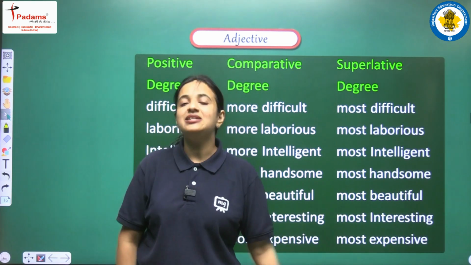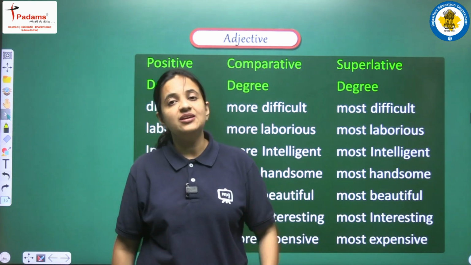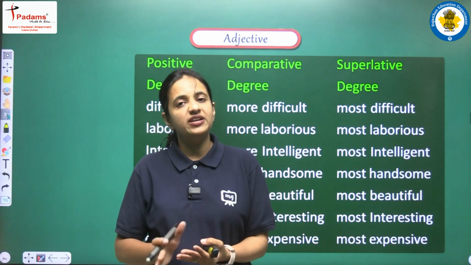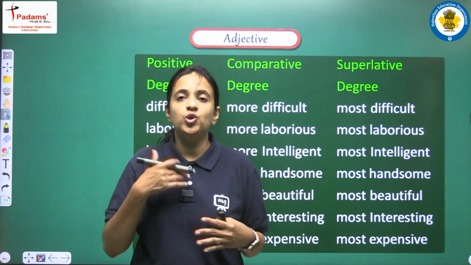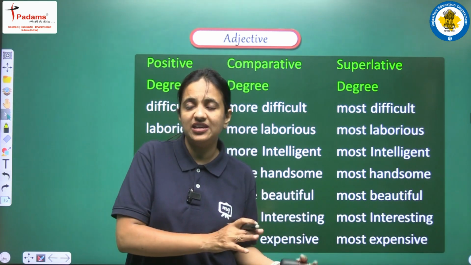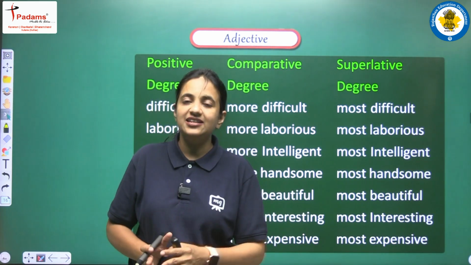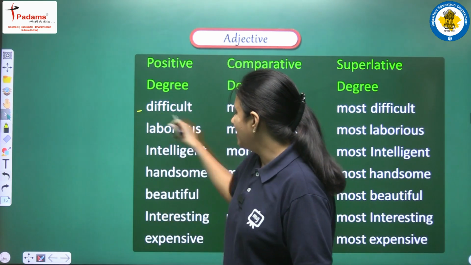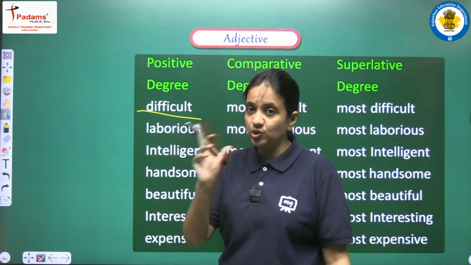So basically, a double syllable word means that if in the pronunciation of any word there is a little pause, and the spelling is written in two or more parts, then we can say that yes, it is a two or more syllable word. Like here we have difficult, so it's a two syllable word.